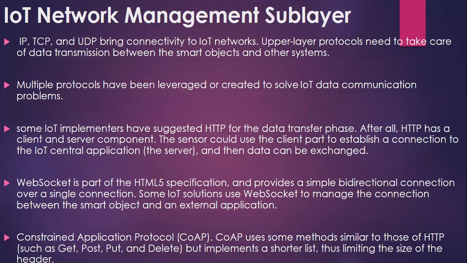For that, we depend on HTTP, the Hypertext Transfer Protocol. We will use this protocol, which works in a client-server fashion. The server part will be the application layer, and the client part will be the sensors. Whatever the sensor is sending will be communicated to the application layer.